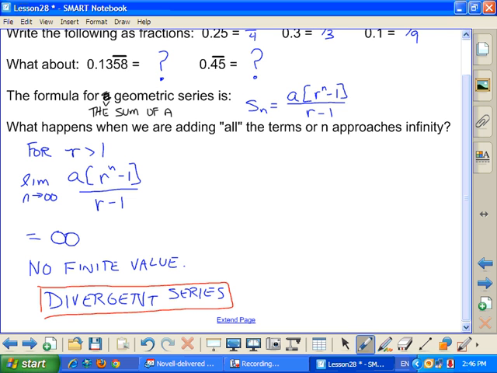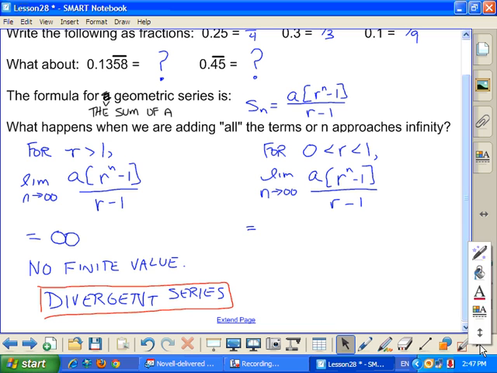So for our partner then in this whole process, where r is between 0 and 1, when we do the limit analysis as n goes to infinity, for a times r to the exponent n minus 1 over r minus 1, what's happening? Well, r is, let's say, a half. It's a fraction. As it gets larger and larger, we have 1/2 to the 1 million, 1/2 to the 1 billion. This term here is now approaching 0.